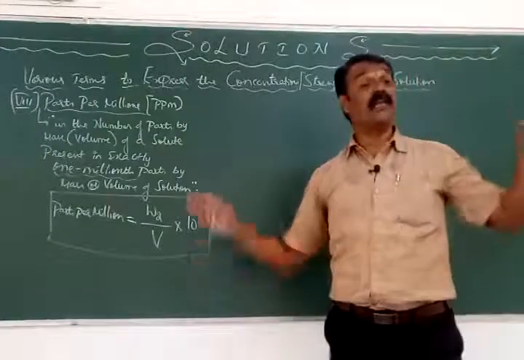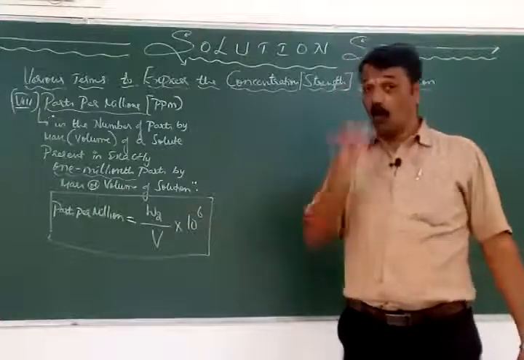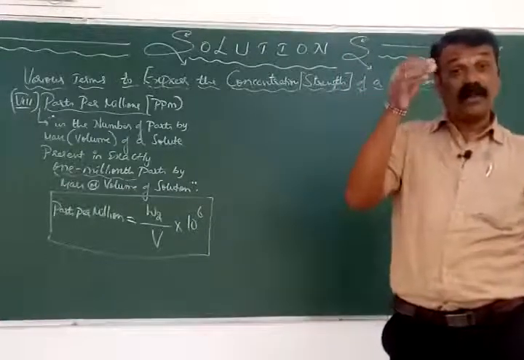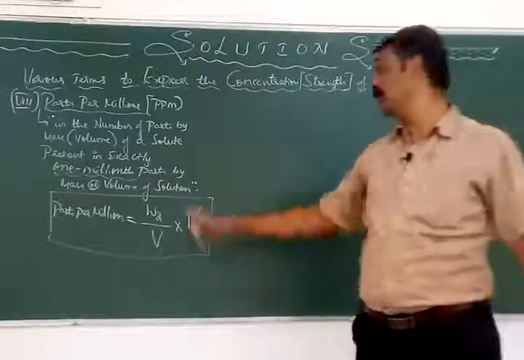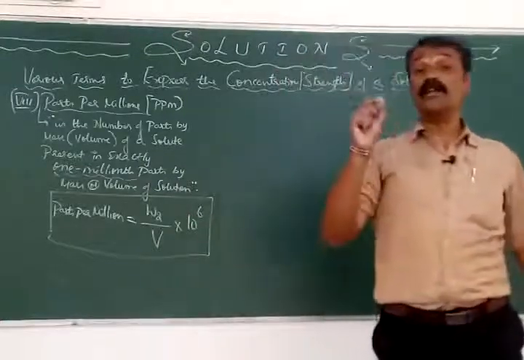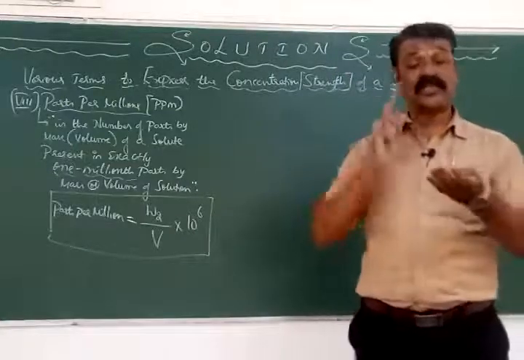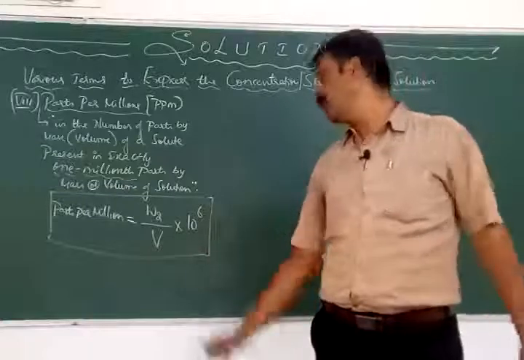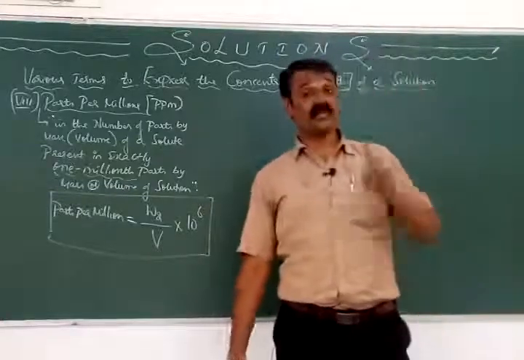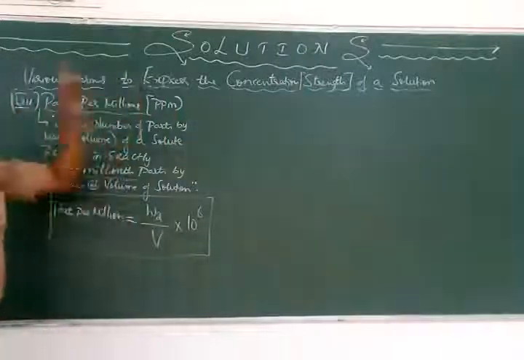That is, in every 1,000,000 parts by mass of the given solution, what is the number of parts by mass or volume of the given solute? Then it refers to which one? Parts per million. W2 refers to what? Mass of the solute. What is V? It is the volume of the solution. We don't know whether it is expressed in cm cube or dm cube, whatever it may be. Into 10 to the power of 6. 10 to the power of 6 is called what? 1 million, and that term is called which one?